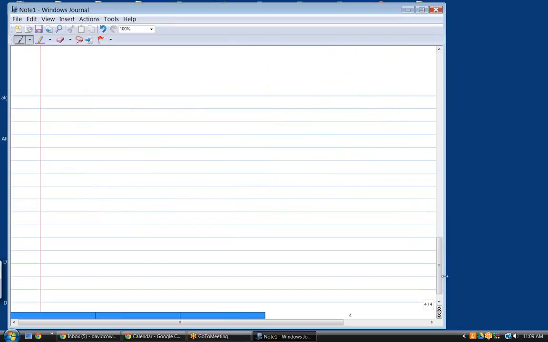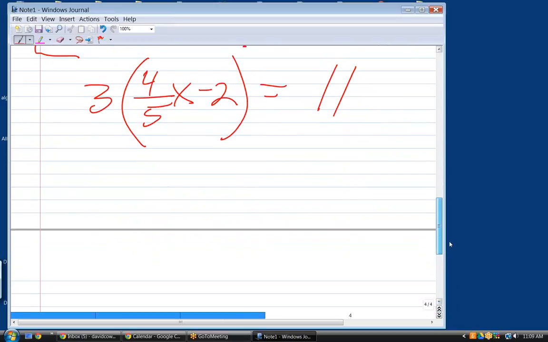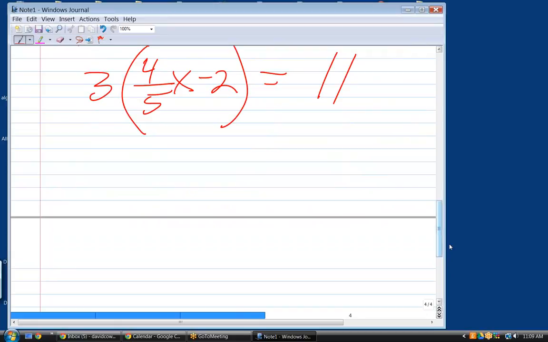Now, second step. I could distribute that 3, or I could do what? What's an alternative second step? What's that 3 currently doing?